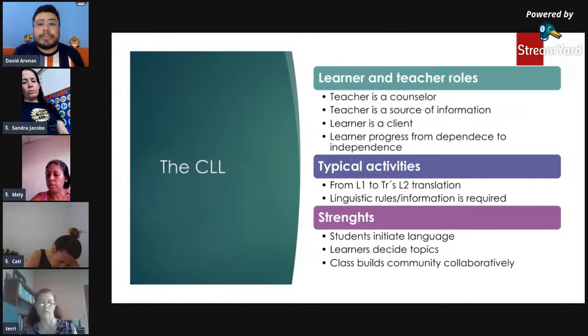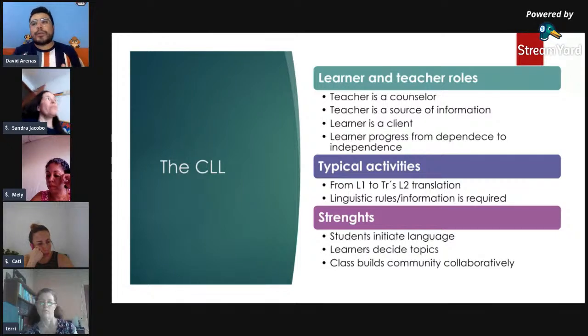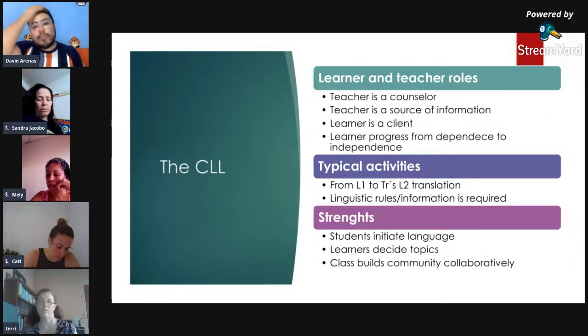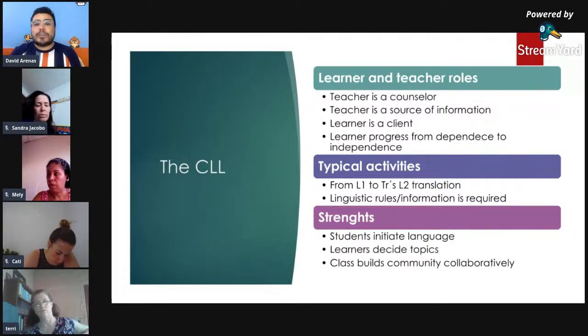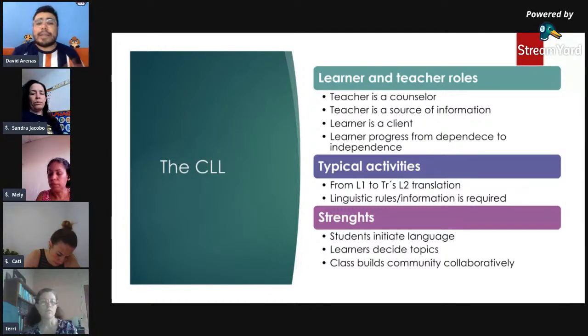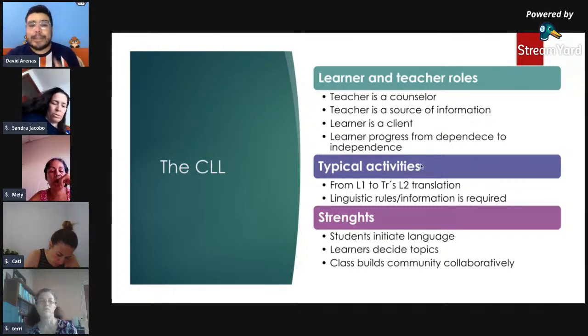But it was just at the beginning. As they went through the course, students became more independent, and they were the ones who selected the topics, even materials. So it was a process between dependency and independence.